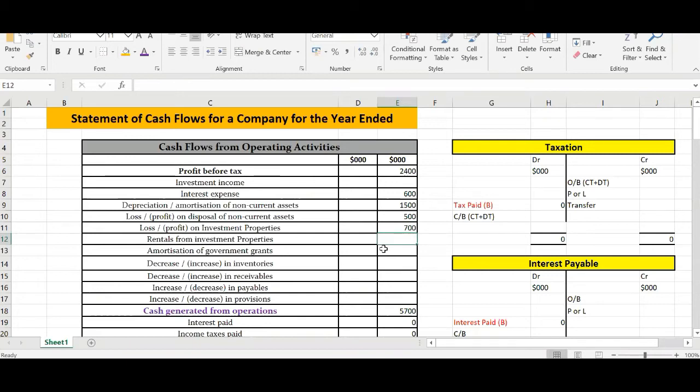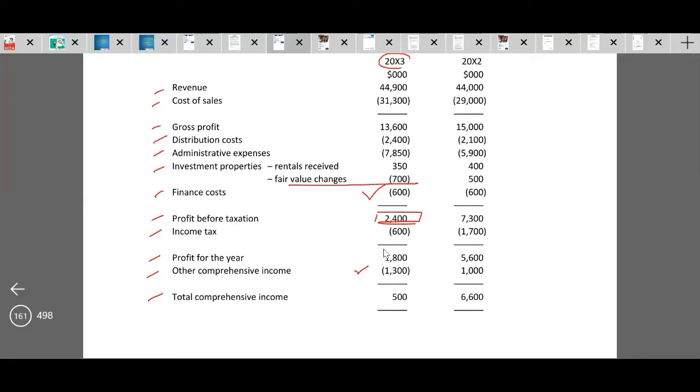Then you have the rentals from the investment properties. Again, we will take the rentals in the investing activities, but that rental should be the cash which has been received. Now this rental, we are supposing, because this is over here, that this is actually based on the accrual concept.